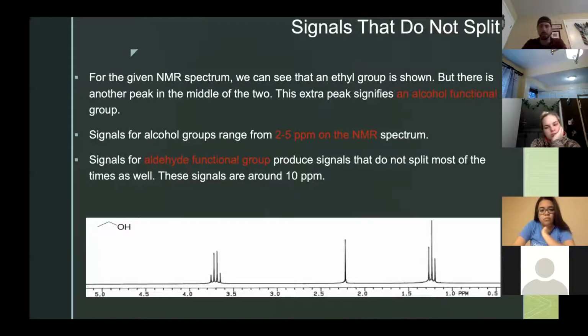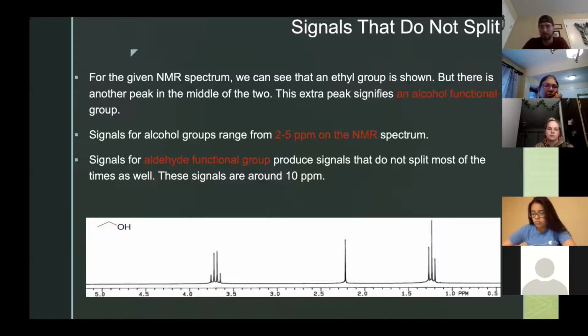And now some signals for some known functional groups. An alcohol functional group typically ranges from 2 to 5 ppm on the NMR spectrum, and this will appear as one single peak, a relatively strong peak.